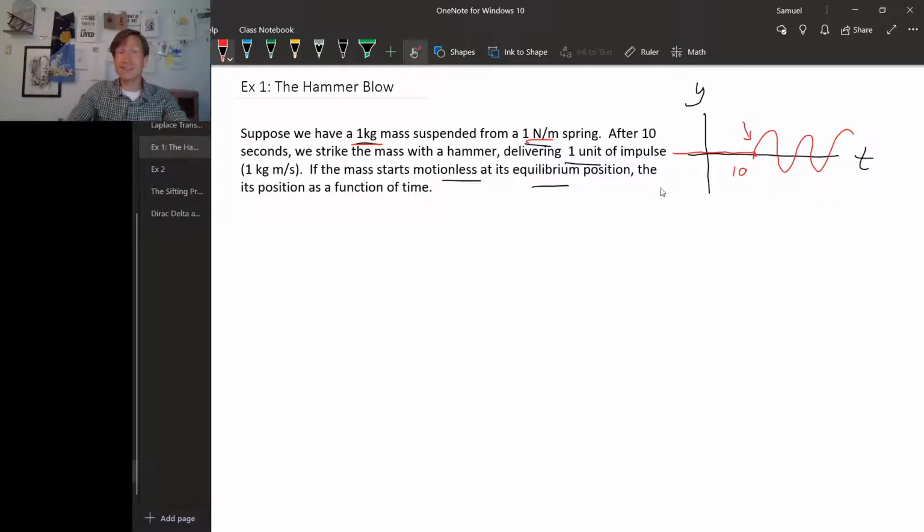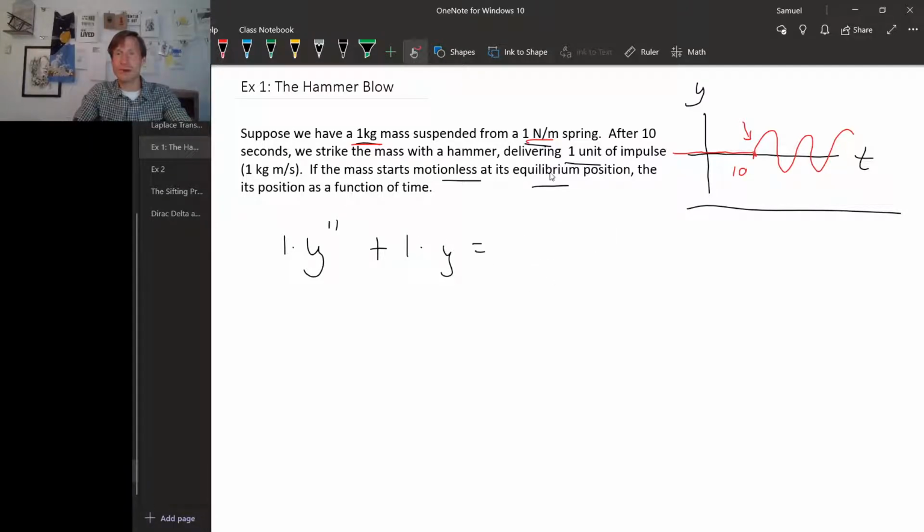So with that in mind, let's actually do the computation and see if this is the kind of thing that we get. For a 1 kilogram mass and a 1 Newton per meter spring, we're going to get 1 times y double prime plus 1 times y equals our forcing function.